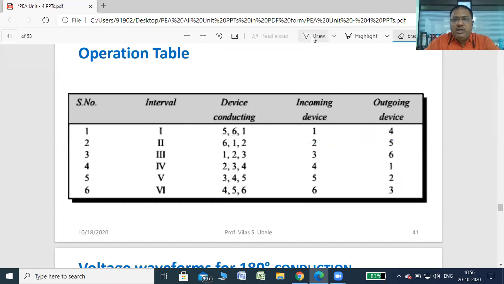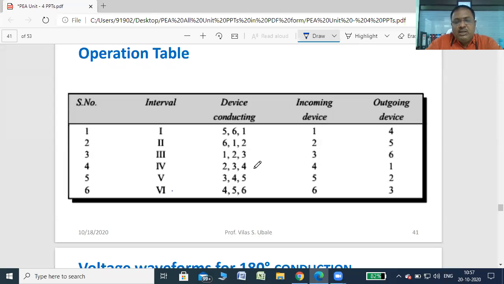Just see the last stage, the sixth stage, in which devices 4, 5, and 6 are on. 6 is incoming because in the previous interval, 6 was absent, right? 3, 4, 5 were conducting. So 6 is coming in interval 6, and 3 was the outgoing SCR, which was present in interval 5.